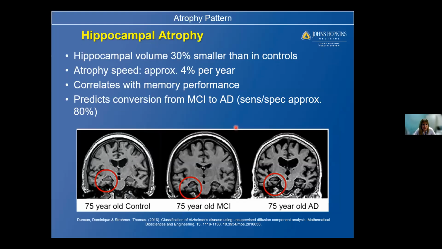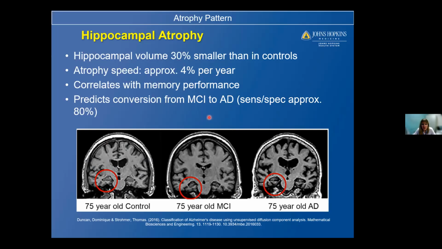One of the first described MR imaging features of AD, or Alzheimer's disease, described over decades ago, is hippocampal atrophy. So the hippocampus is smaller in MCI, or mild cognitive impairment, and AD as compared to normal age-matched controls, as shown here in this image.